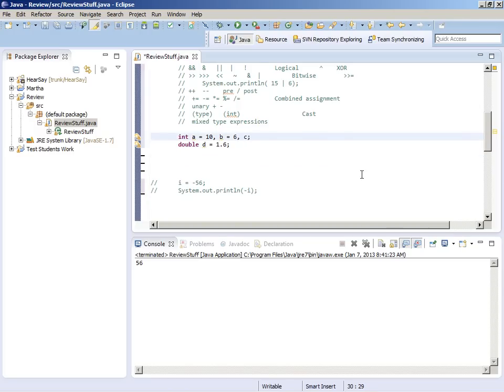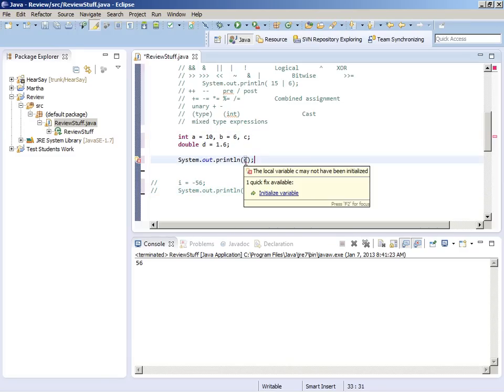Well, I'm not going to go through all of these, only things that are interesting. When you declare a variable and you don't put anything in it, you can't use it. Its state may not have been initialized.